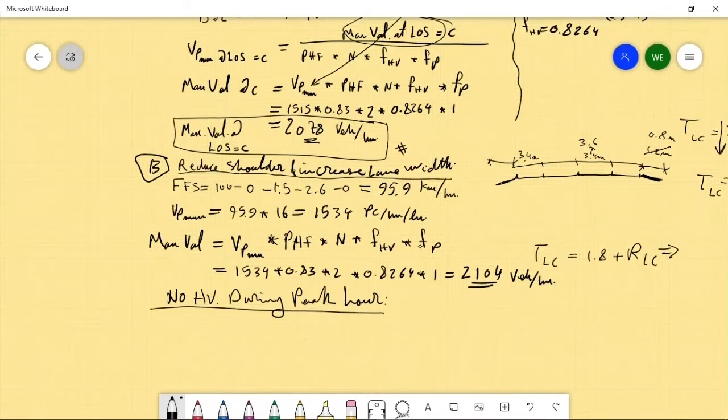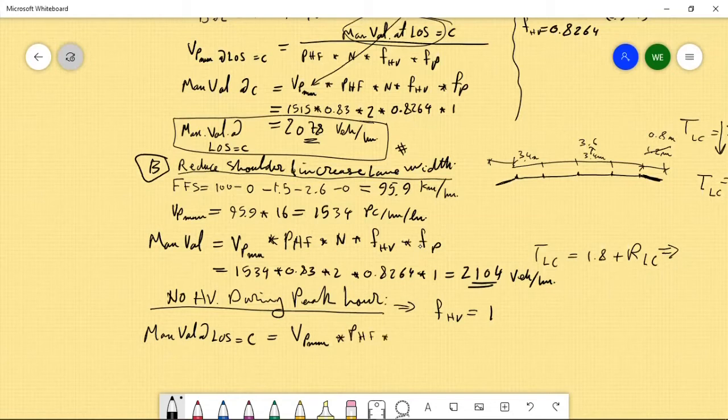Okay, so that means FHV equals 1. So this way, the maximum volume at LOS equal C will equal the VB max multiply the peak hour factor multiply N multiply FHV multiply FB, which equals 1534 multiply.